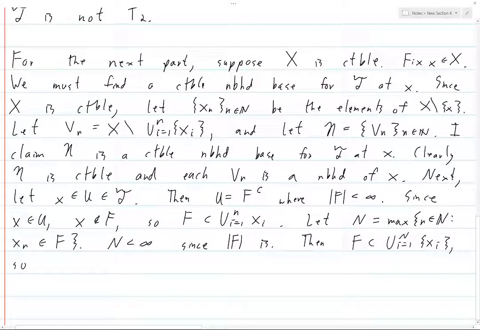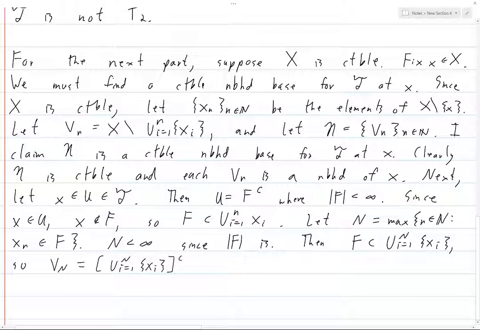So if you take the complement of both sides of this, it reverses the inclusion. So we have V capital N is by definition the complement of the union from i equals 1 to capital N of {xi}.